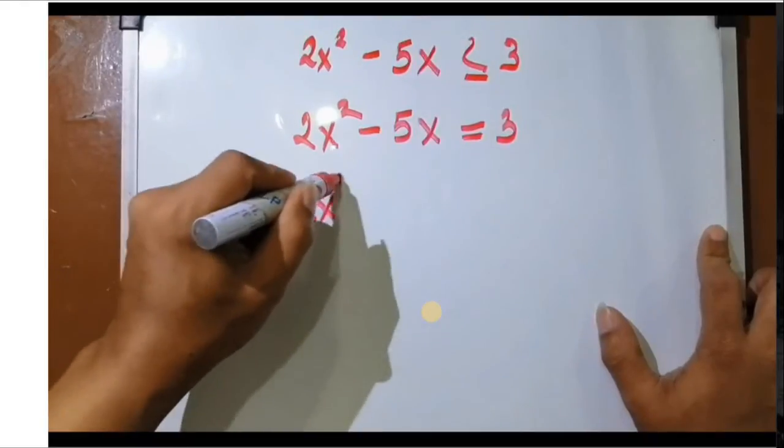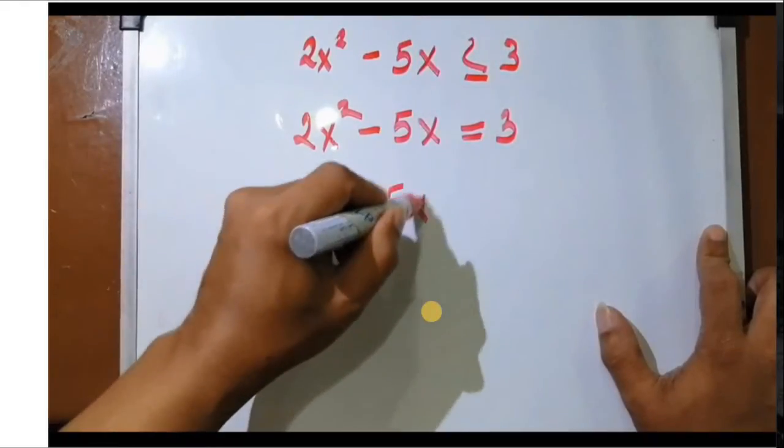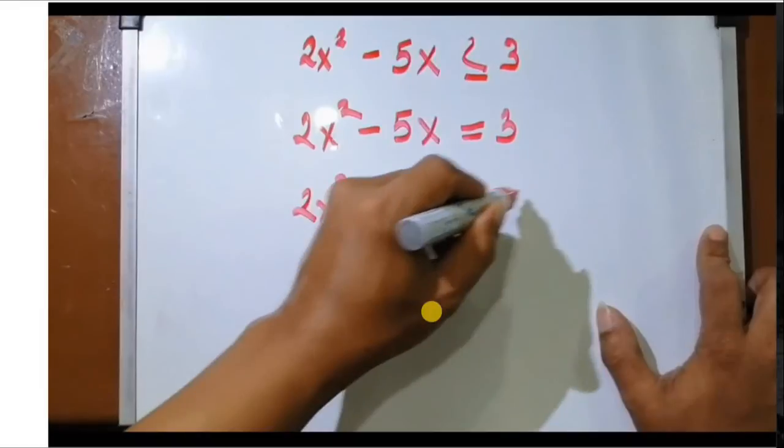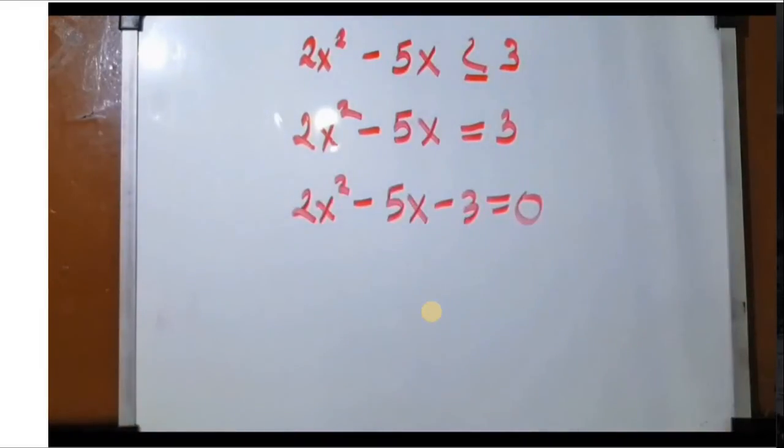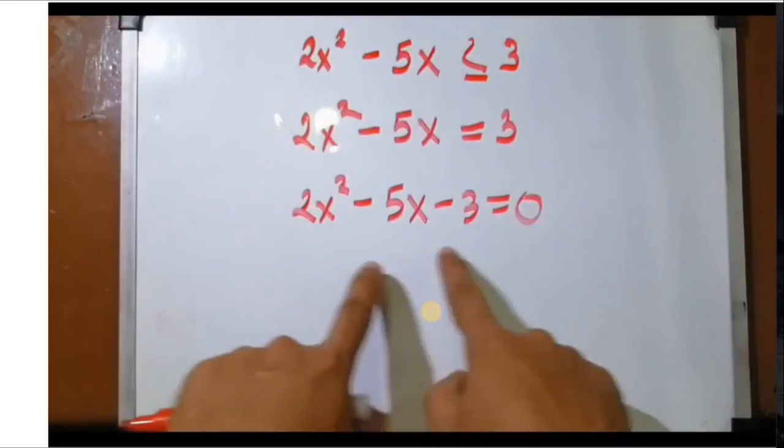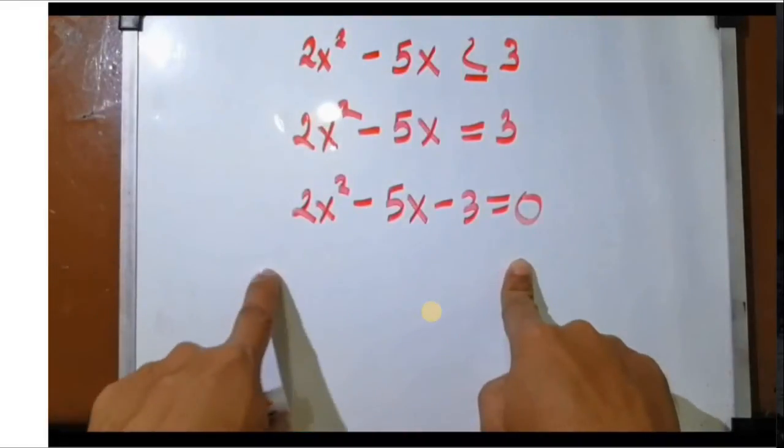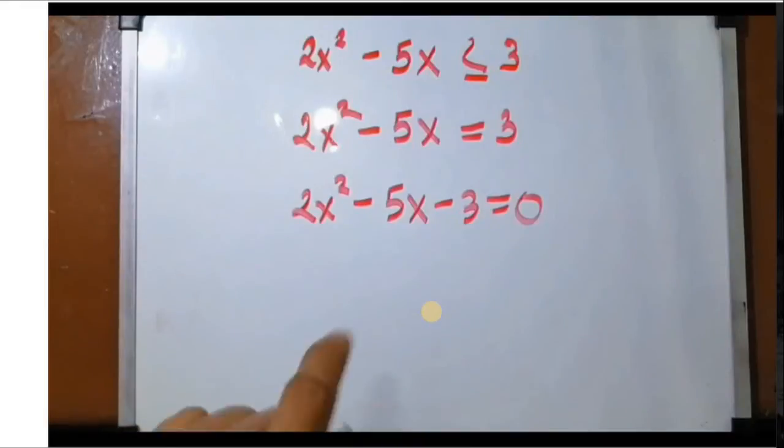So 2x squared minus 5x minus 3 equals 0. Right? So ngayon, nasa quadratic equation na tayo. Pwede natin isolve yan gamit yung factoring, completing the square, or the quadratic formula. So this time, ang gagamitin lang natin is factoring.